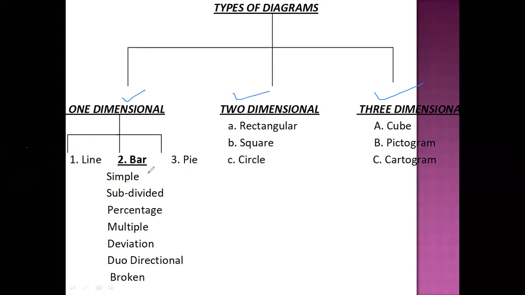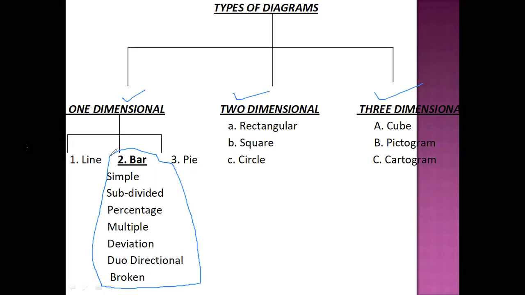Today we will come to know about bar diagrams. In bar diagrams, several types exist: simple bar diagram, subdivided bar diagram, percentage bar diagram, multiple bar diagram, deviation bar diagram, duodirectional bar diagram, and broken bar diagram. Today we will discuss all of them with examples.